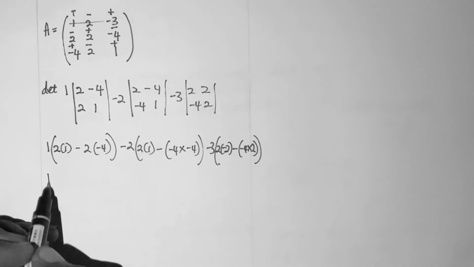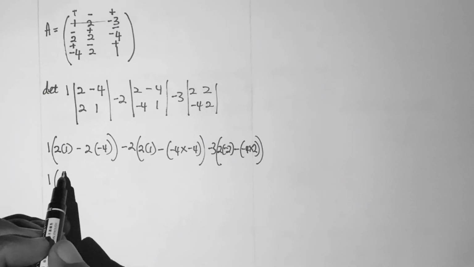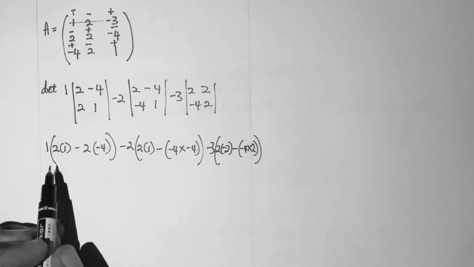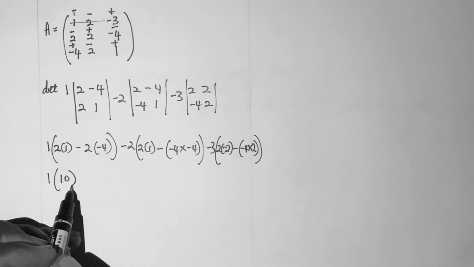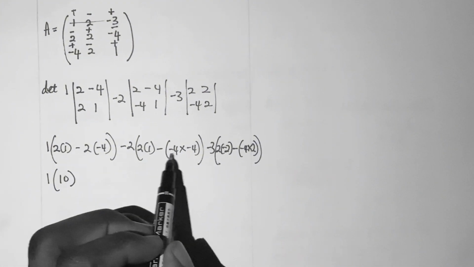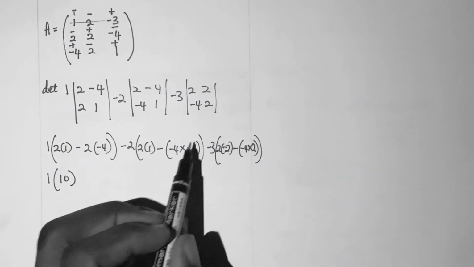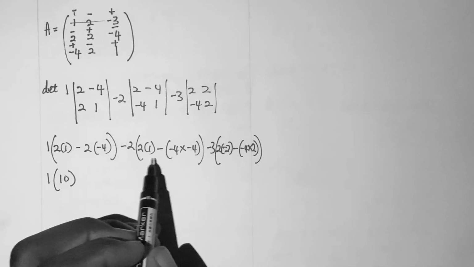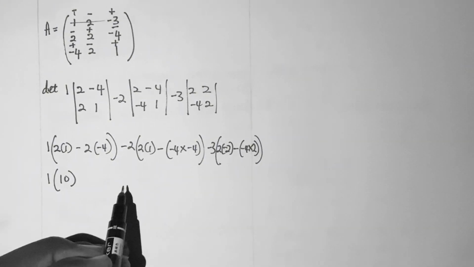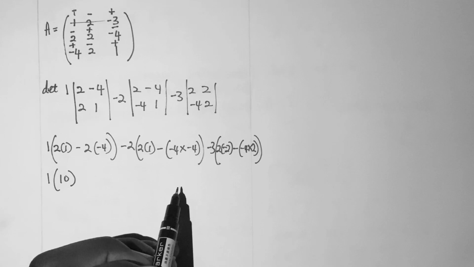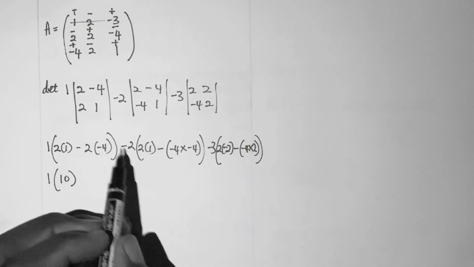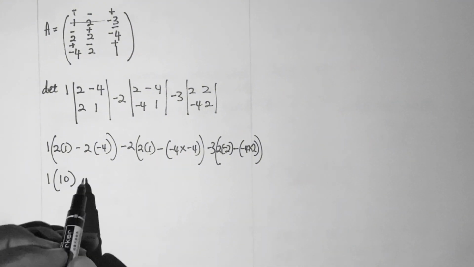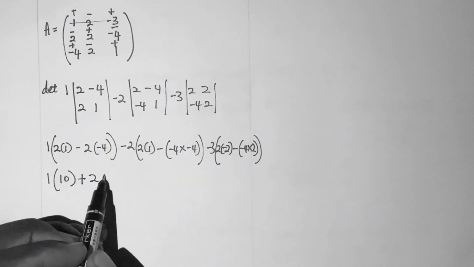So here becomes 1 times 2 times 1 is 2, then minus 2 times minus 4 is plus 8. So 2 plus 8 is 10. Then here is minus 4 times minus 4 is 16. Now 2 minus 16 is minus 14, then minus 14 times minus 2 is equal to 28. So here is plus 28.